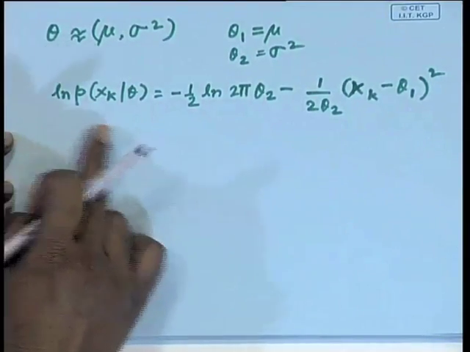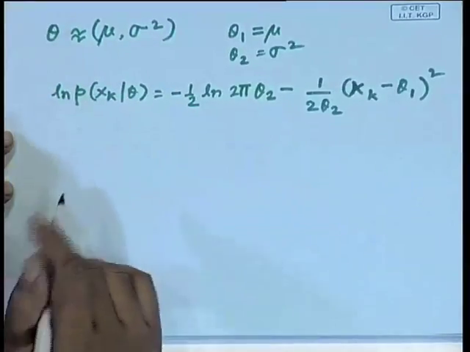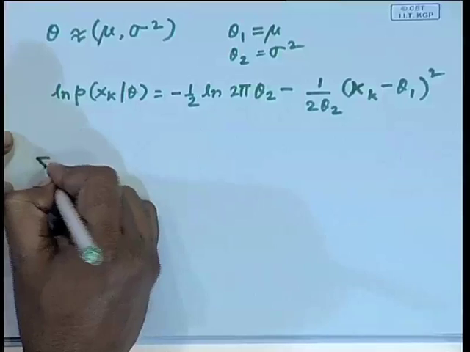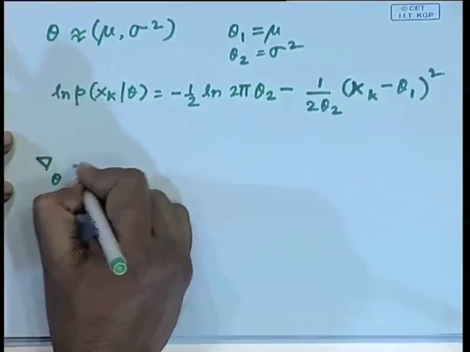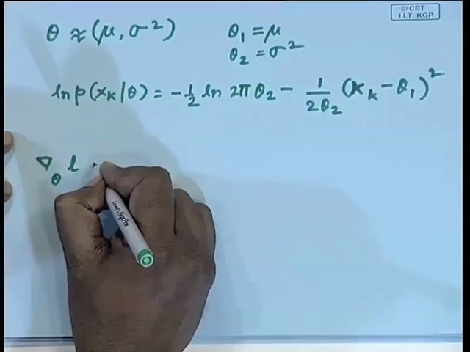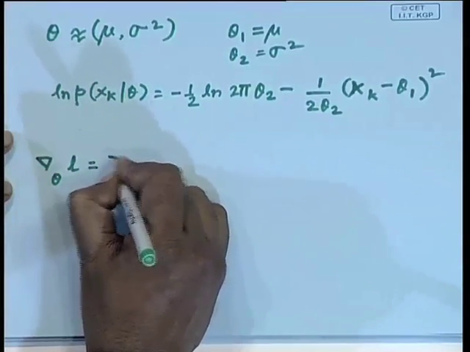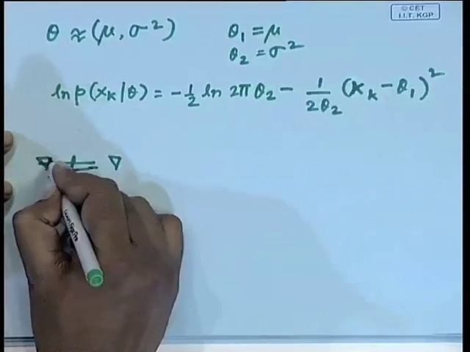So, again if I take the derivative of this with respect to theta, okay, so grad theta of the logarithmic form L, so it is nothing but grad theta, sorry, I have not yet come to L because L contains the summation term.